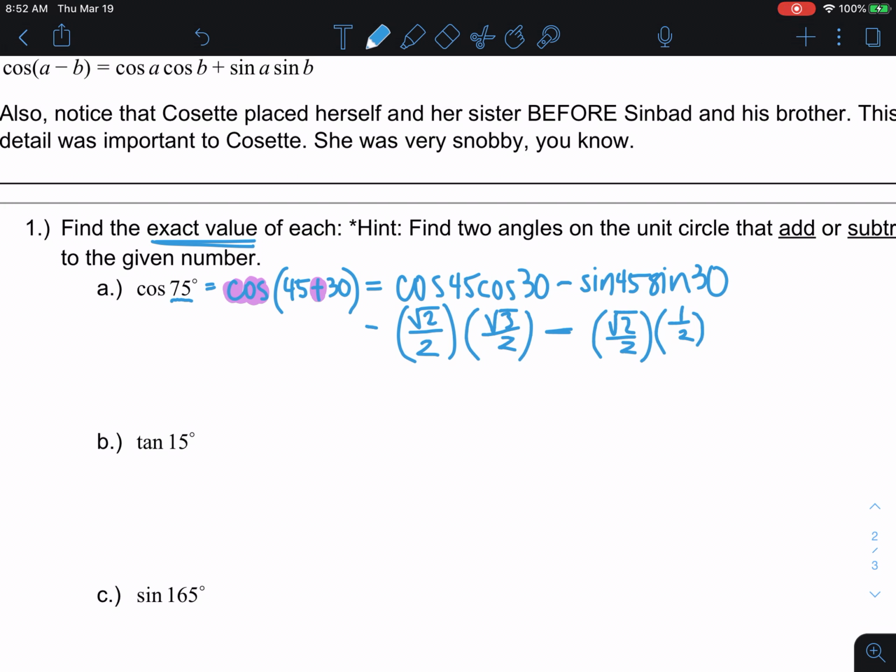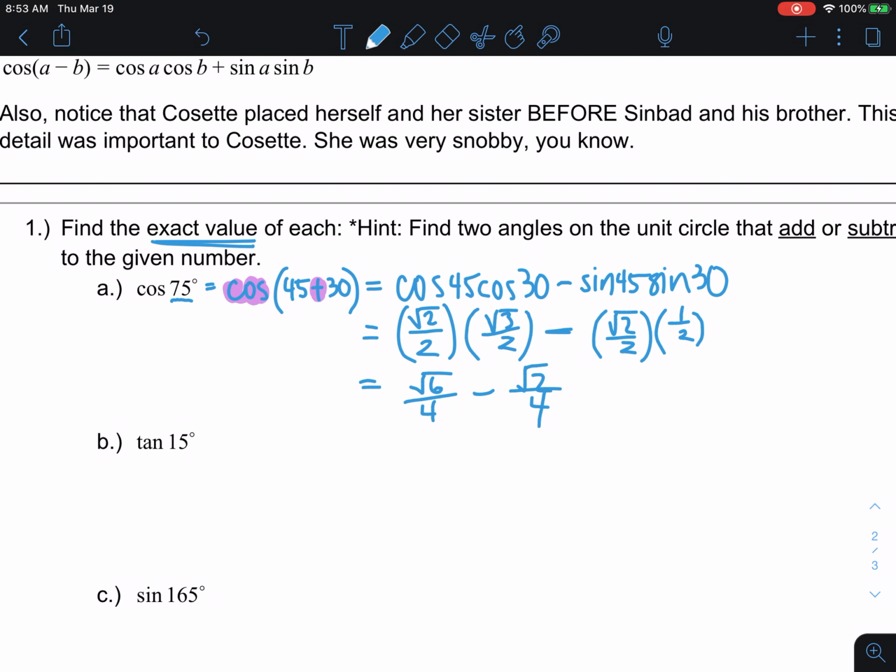So from here, all you have to do is simplify. Root 2 times root 3 is going to equal root 6. 2 times 2 is 4. And then we've got root 2 times 1. That's going to equal root 2. 2 times 2 is 4.